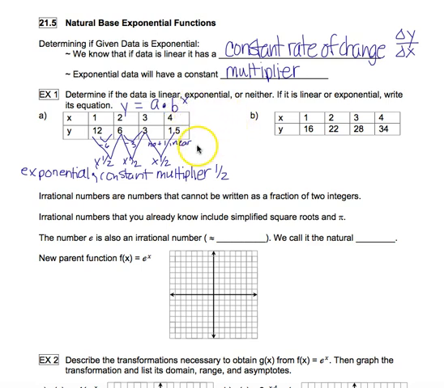We're not going to give you really difficult ones where you would have an h or a k value or anything. The b value is going to be the constant multiplier, and your a value is going to be the y-intercept.